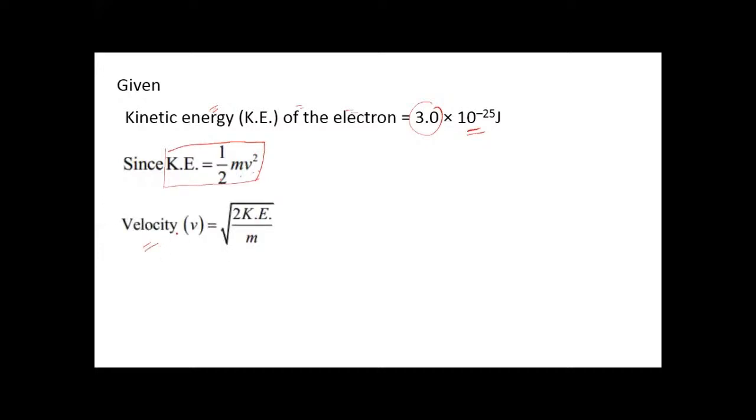The formula becomes the whole root of twice of kinetic energy upon m. When we square both sides, v becomes v square, and due to the square, the square root cancels out. The value becomes v square is equal to twice of kinetic energy upon m.